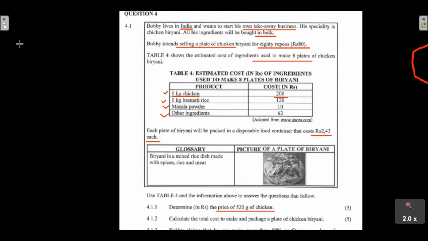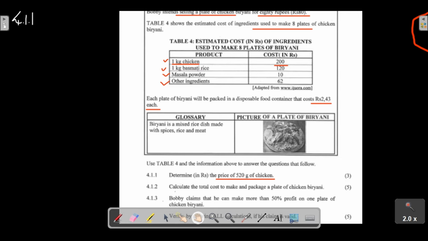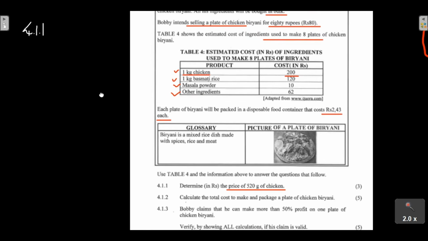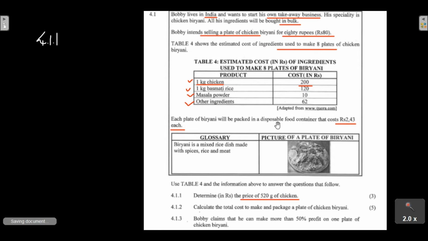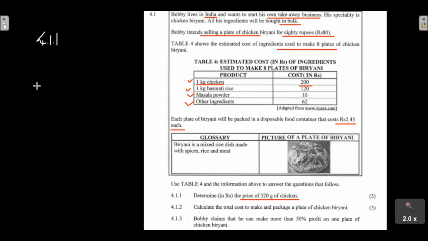So that's 4.1.1. It's very important that you realize this is a question of ratios. You should be able to master ratios and identify a ratio question. This is a relationship between two quantities, the product and cost. What we know is that 1 kilogram of chicken is 200 rupees.